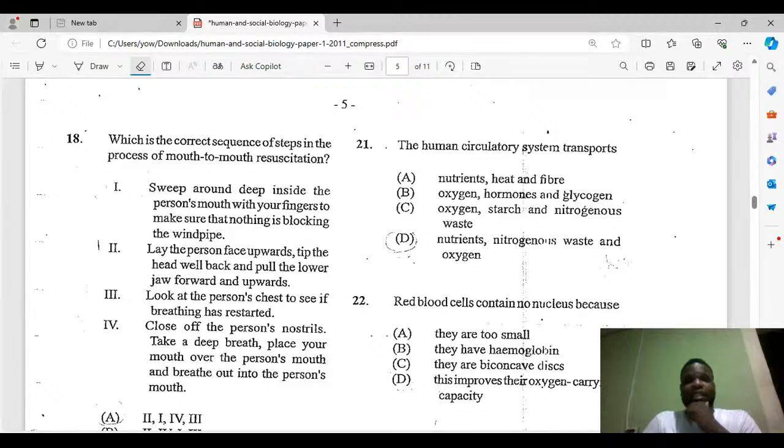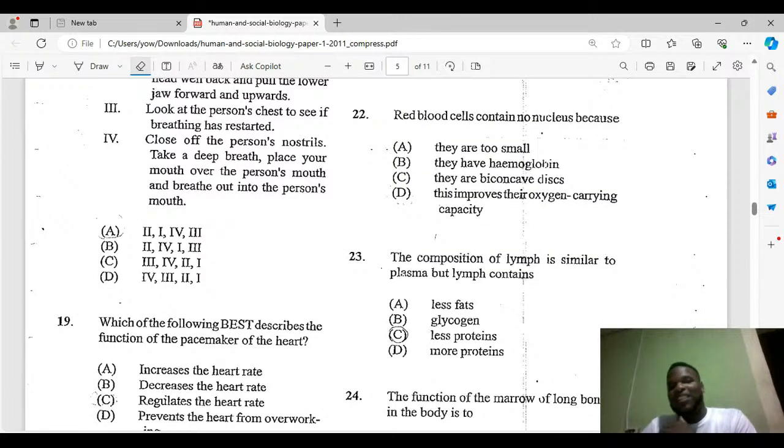Next, red blood cells contain no nucleus because they are too small, they have hemoglobin, they are biconcave discs, or this improves their oxygen carrying capacity. What would it be?